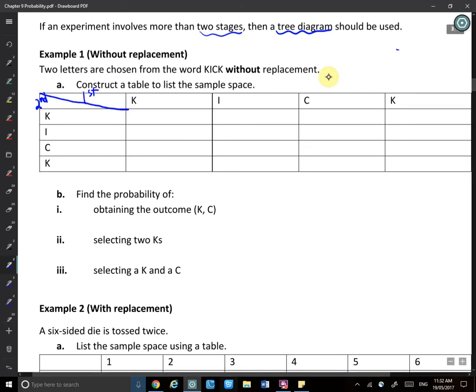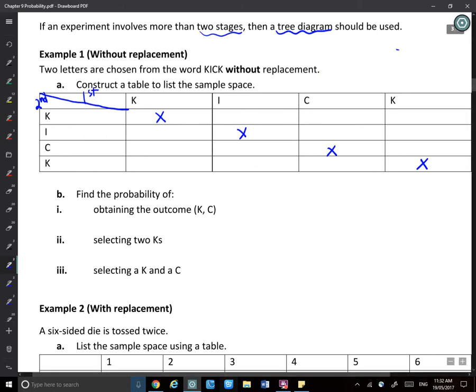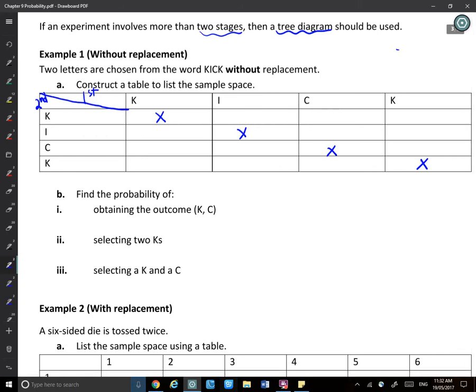So we won't have the same letter at the same position: not the same K, not the same I, not the same C, not the same K. We can still select two Ks, but not the same K: one K at the front, one K at the back.